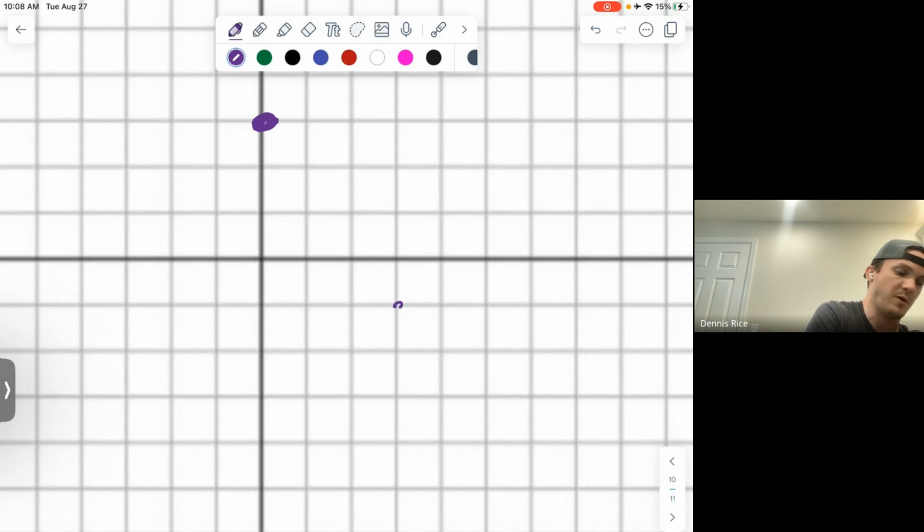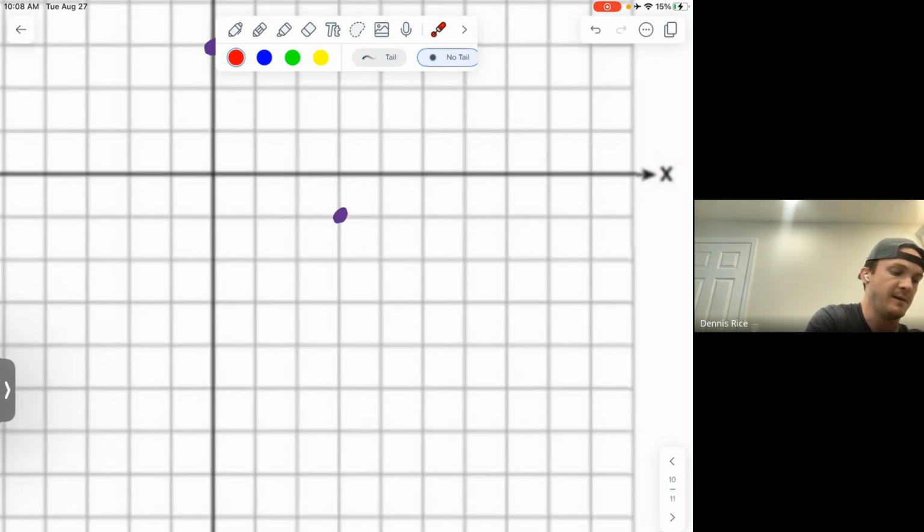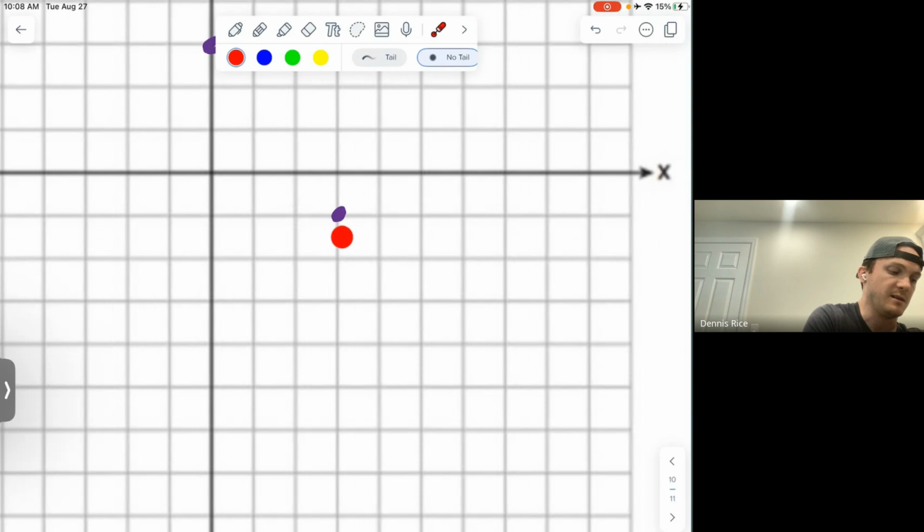And once I do both of those movements, I put a second dot. Again, I'll do it now with the laser. 1, 2, 3, 4, down, right 1, 2, 3. Once you do both of the movements, you put a dot. And I could do this again and again. Down 4, right 3.